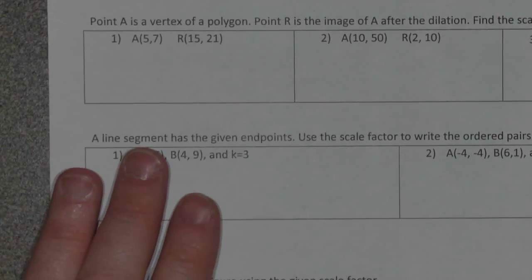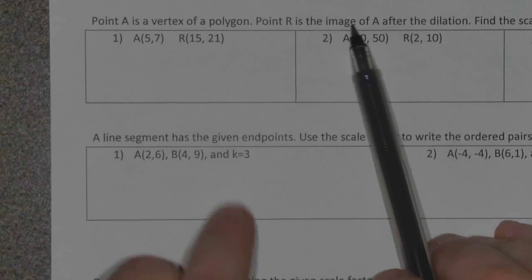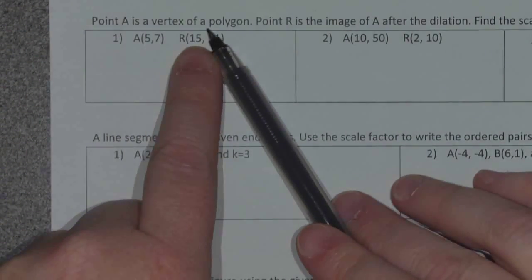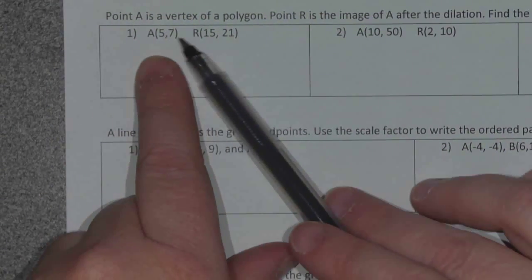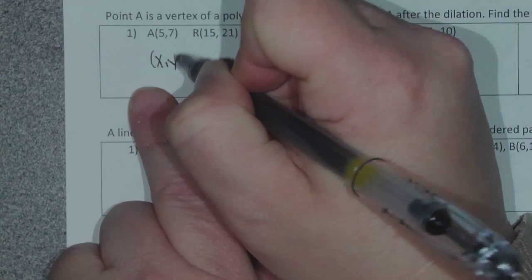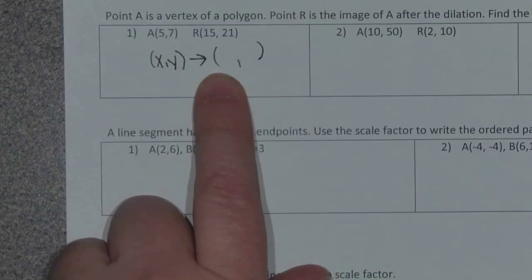So the next one says point A is a vertex on a polygon, so any shape. And it says point R is the image after a dilation. So this is my beginning, this is my new. Find the scale factor of the dilation. So how did I go from my x values and my y values to my new x values and my new y values?